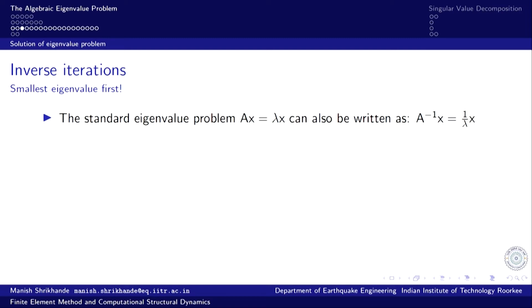So, that brings us to the basic property of eigenvalues. If lambda is an eigenvalue of A, then 1 over lambda is an eigenvalue of inverse of A, and then A inverse x essentially indicates solution of simultaneous equations.